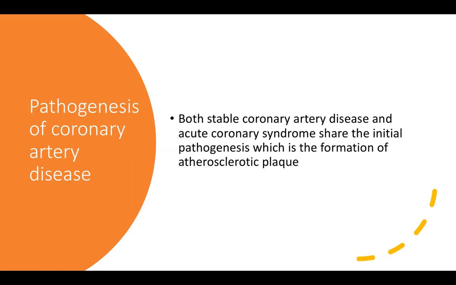Let's talk about the pathogenesis of the coronary artery disease. Both stable coronary artery disease and acute coronary syndrome share the initial pathogenesis, which is the formation of atherosclerotic plaque. So both diseases start with atherosclerosis that causes an atherosclerotic plaque.